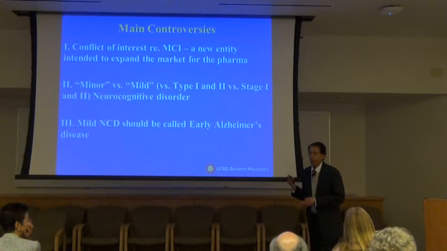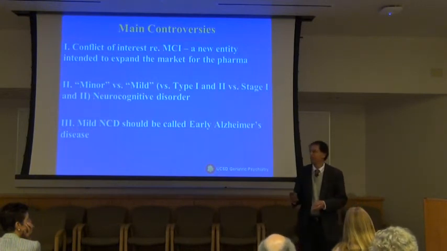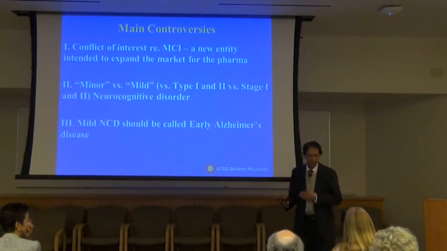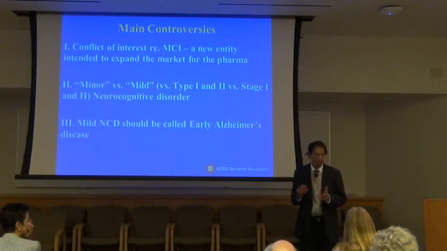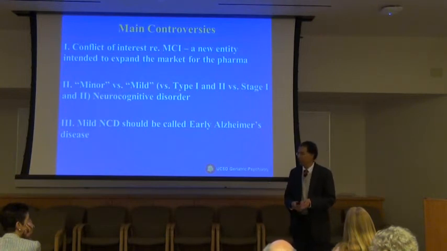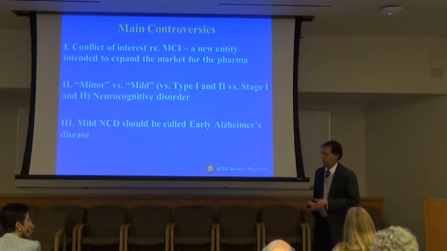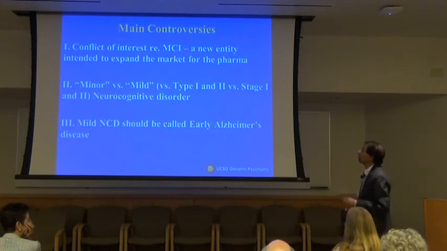That people will then start using the cognitive enhancers for every single person, because can there be a 65-year-old who doesn't have some difficulty in remembering names, faces? So why not diagnose that person as mild neurocognitive disorder and give cognitive enhancer? So that was actually the main criticism.